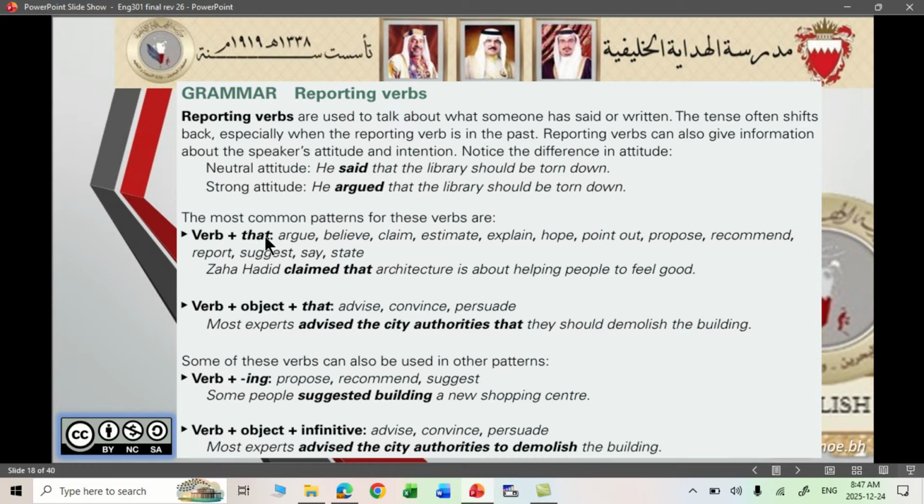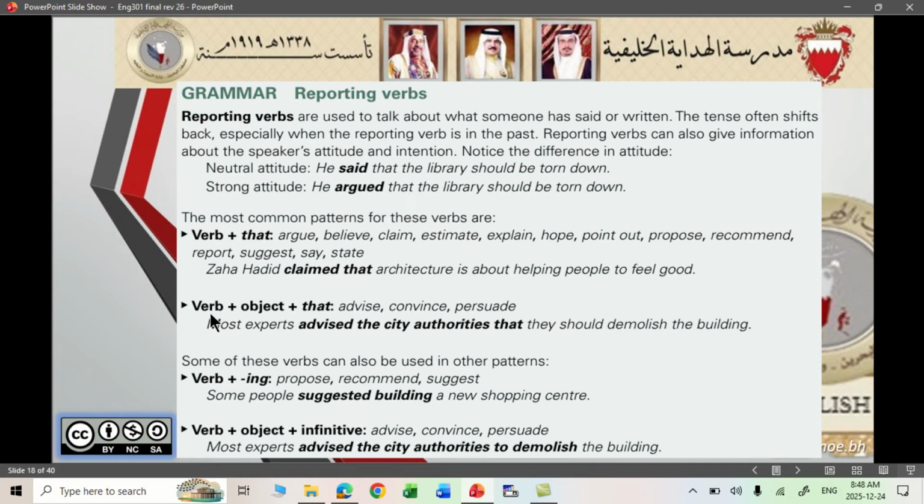What other verbs come with the word that? We have argue, believe, claim, estimate, explain, hope, point out, propose, recommend, report, suggest, say, and state. An example would be Zaha Hadid claimed that architecture, etc. Okay, claim that.